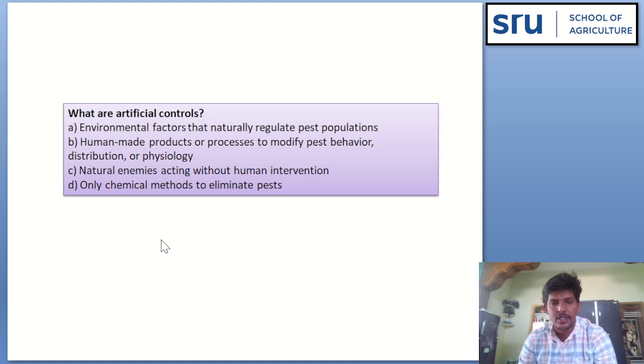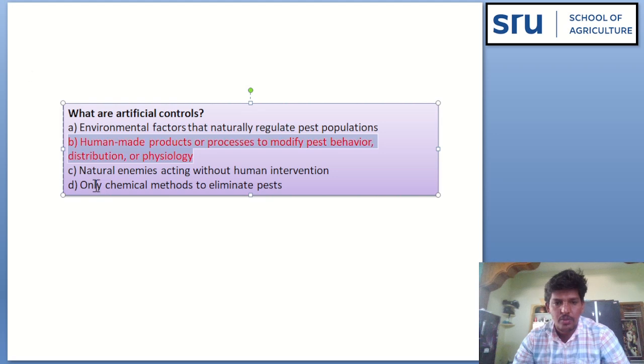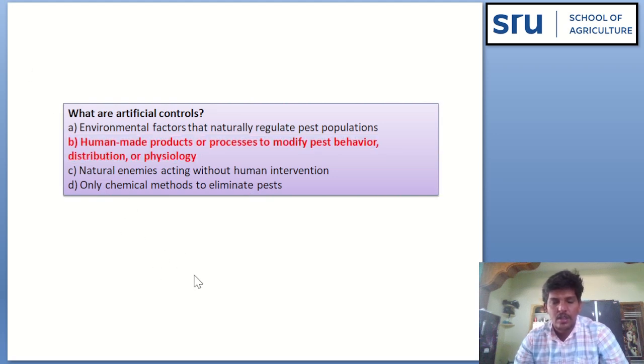Only chemical method to eliminate pest. Here the correct answer is human-made products or processes. Human-made products or processes to modify pest behavior, distribution or physiology are the artificial controls.